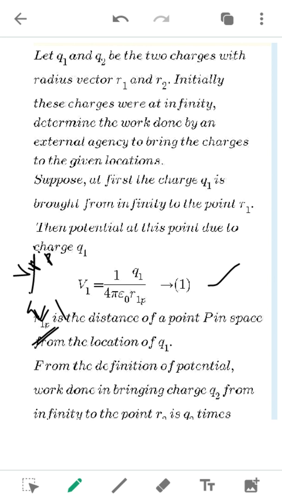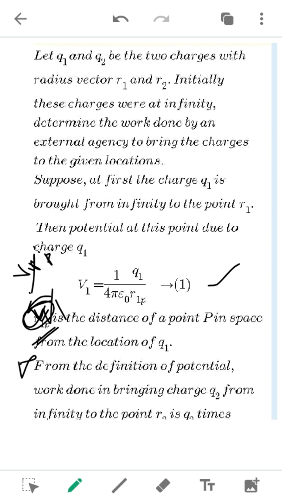Now you may ask from where this q1 has come. So q1 has come from somewhere, from any distance. So let us consider it has come from infinity. And there is no external agency or external electric field which pushes or brings the charge q1 to a certain point. So it is the main source of charge.